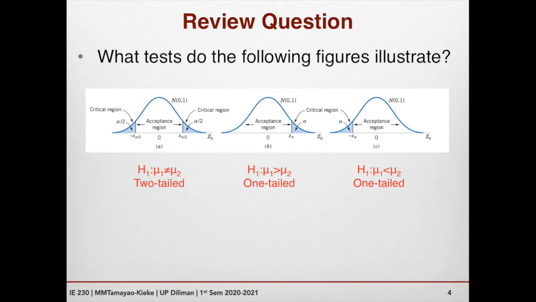And the last picture is also a one-tailed test where our alternative hypothesis is mu1 is less than mu2. And as you can see represented here, you have your critical regions. And what is the critical region again? Okay, so also make sure that you are able to answer that question before you proceed to the succeeding slides.